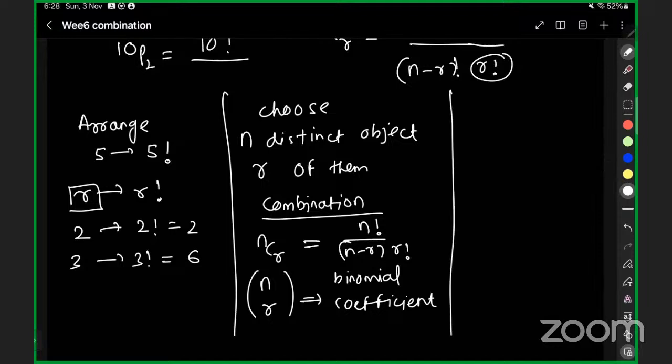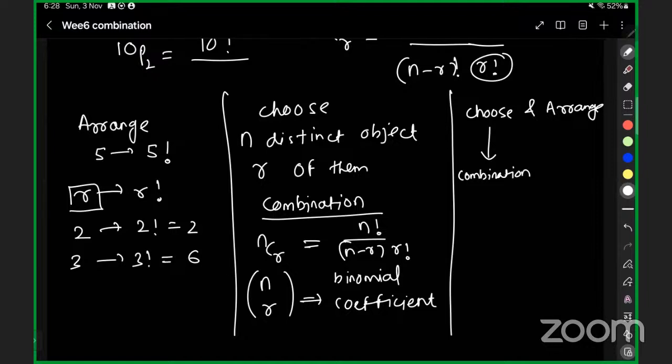Then another case: now you want to do both things. Let's say you want to choose also and arrange also, right? You know how to do the choosing part, you know combination.